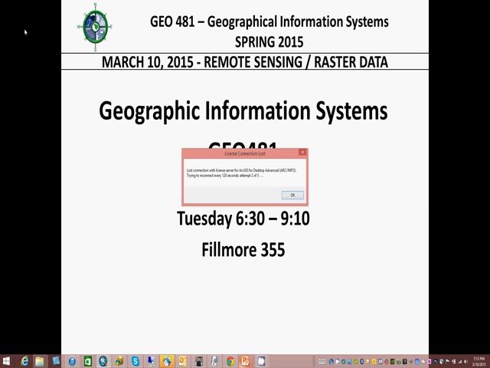An interval number doesn't have an absolute zero, so you can't make a ratio. The example I gave that day was, if it's 1 degree and it warms up to 2 degrees, no one thinks that it got twice as hot. Because there's no absolute zero, you can't make comparisons like that with an interval number.